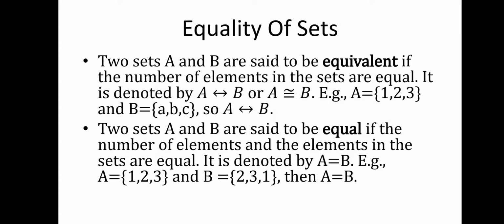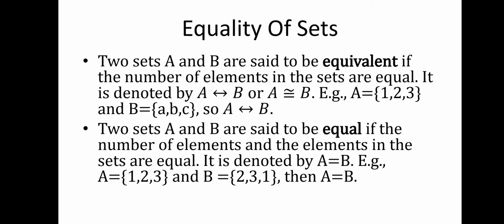So if I take {1, 2, 3} and {2, 3, 1}, these two sets are equal because the number of elements are equal as well as the elements themselves are equal. It doesn't matter in which order they are, right? So from here you can deduce one thing, that all equal sets are equivalent, but definitely not the other way.